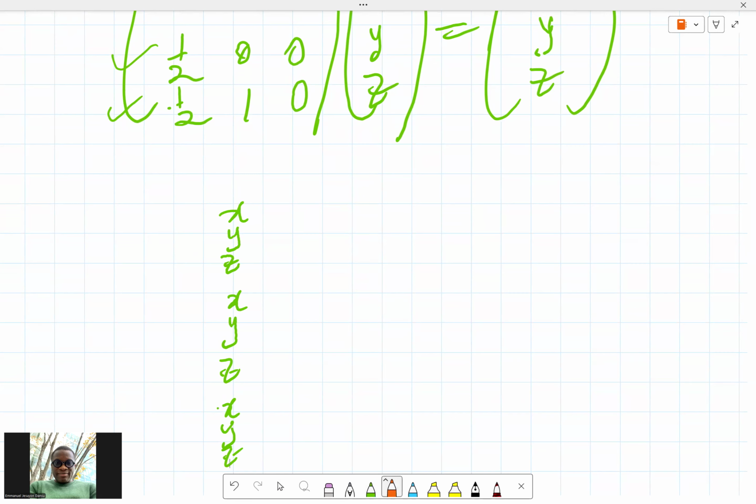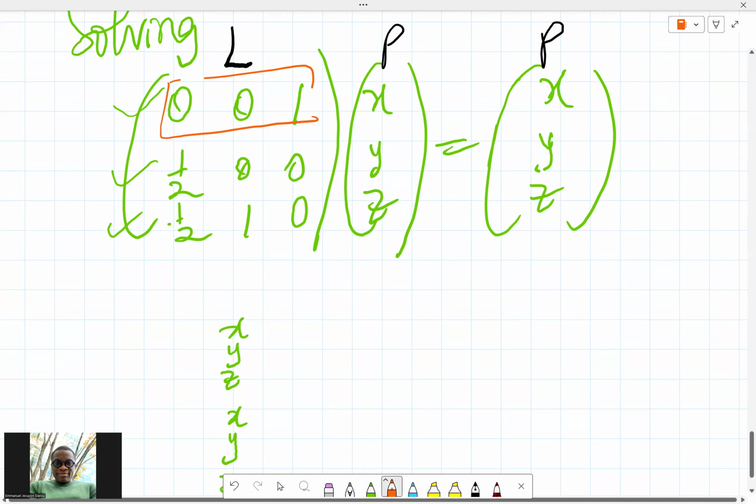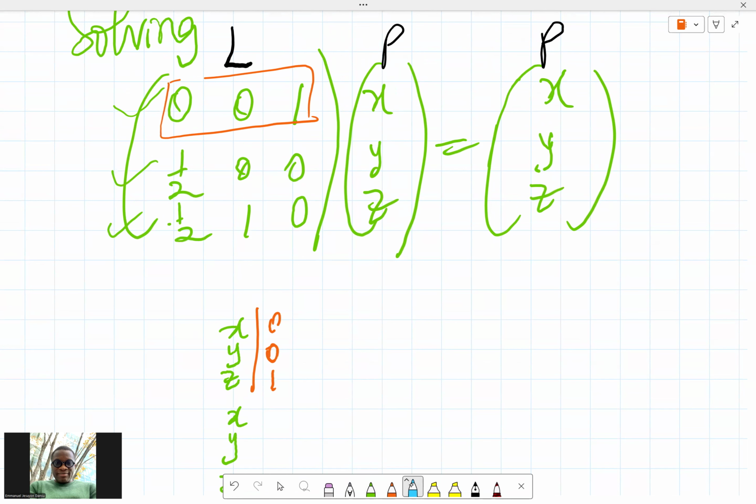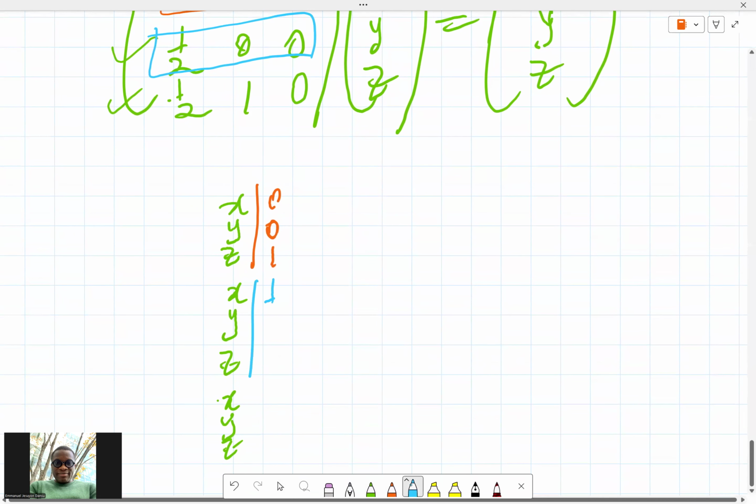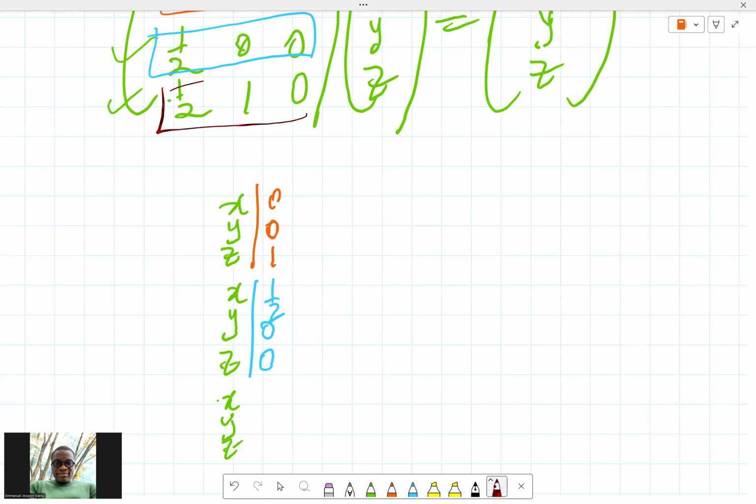We now go for the first one, 0, 0, 1. So it means x times 0, y times 0, z times 1. Then next we have half, 0, 0. That's x times half, y times 0, z times 0. And lastly, we have half, 1, 0.